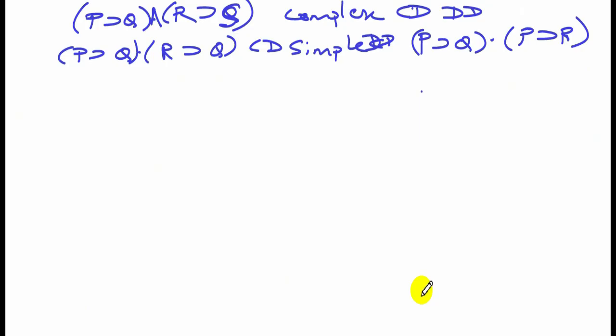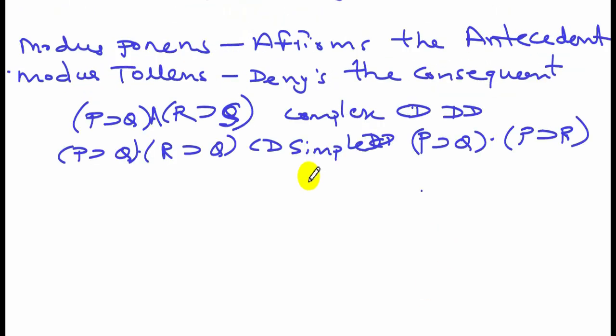Now, the major premise of a dilemma is formed by the conjunction of two hypothetical propositions, which I explained here. This is the conjunction, right? In a dilemma, it is assumed that the consequent necessarily follows from the antecedent.